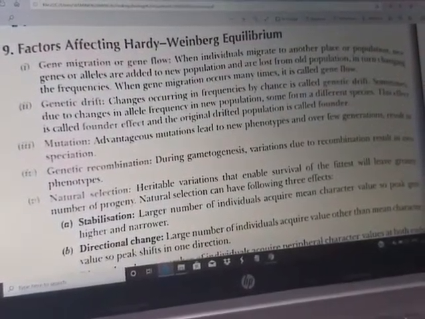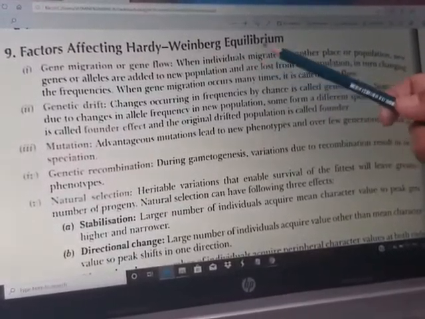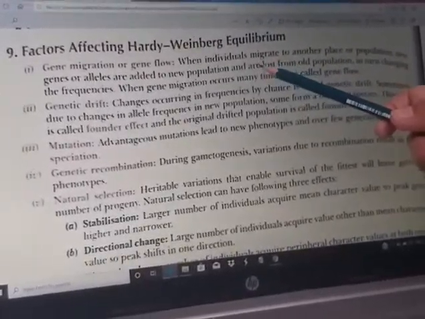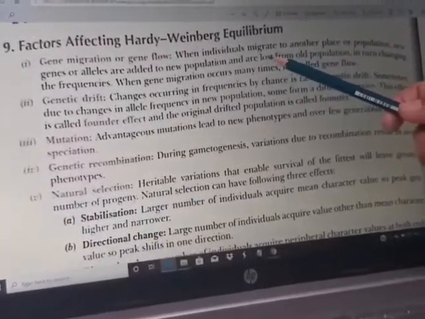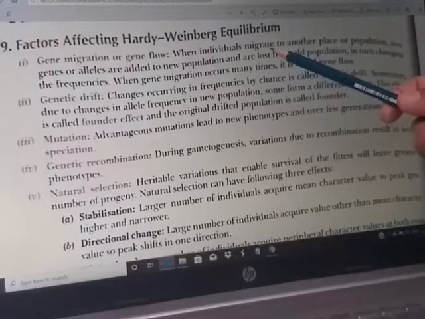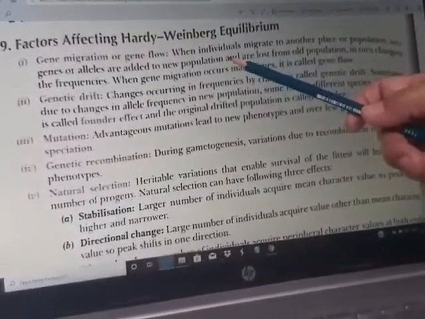Here we are talking about a situation when from a particular area certain individuals migrate to another area. Where they have migrated, some genes will be added, and from where they have gone, some genes will be lost.